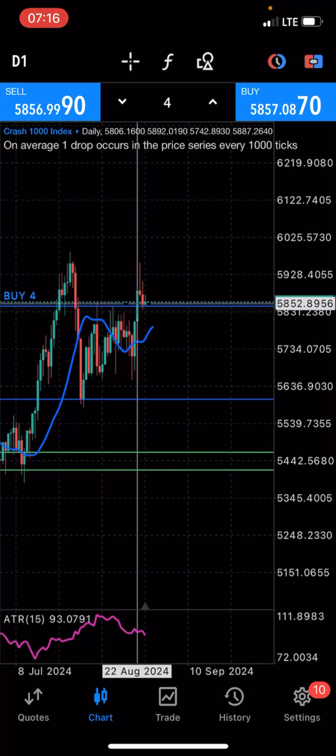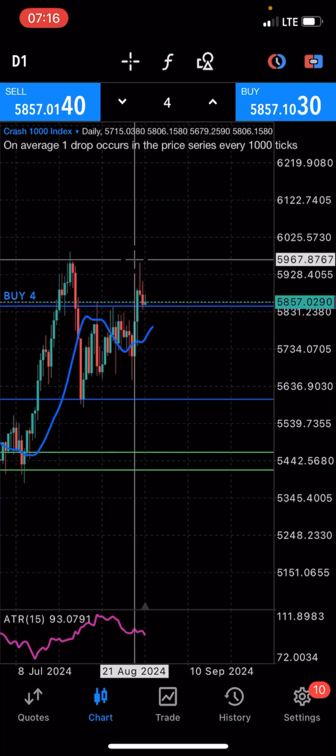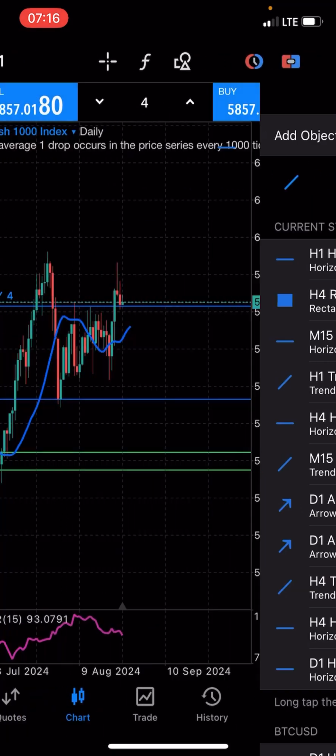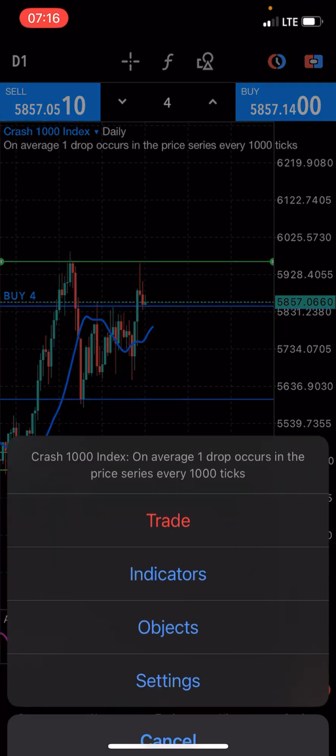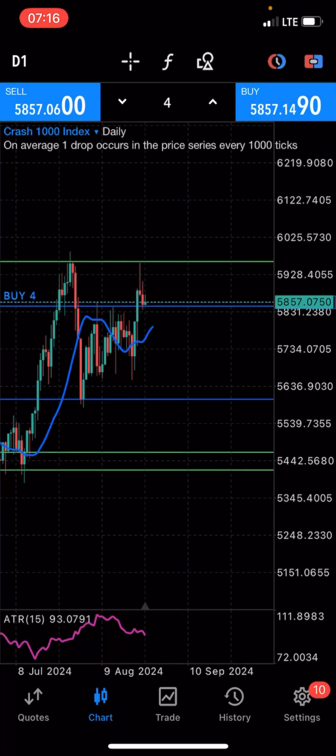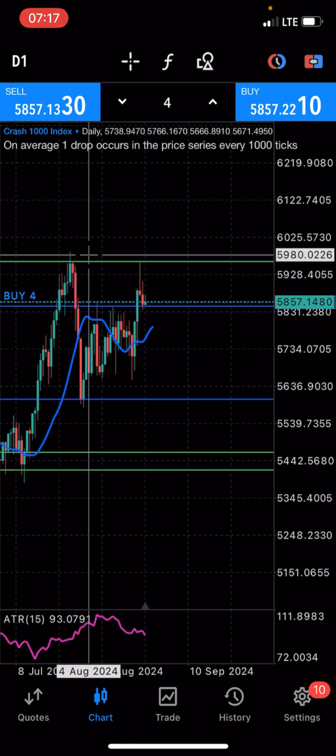So right now, what are we seeing here? We're seeing that we've had a resistance here which was broken. We also have another resistance there, which the market got to and came down from again. The market broke this level, went here, and couldn't break this level.